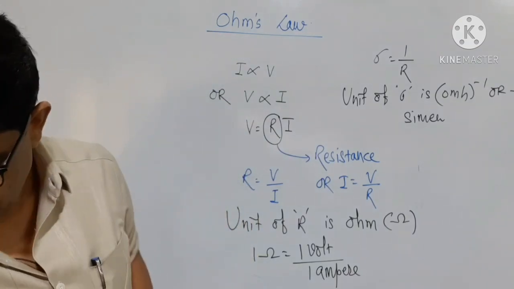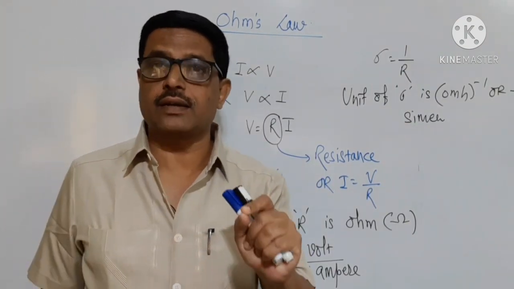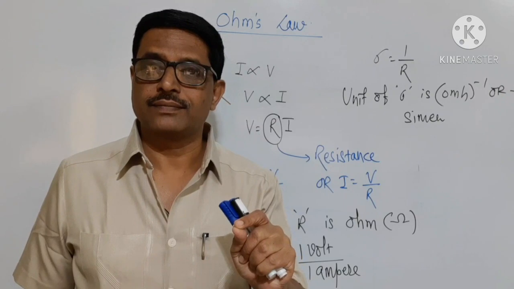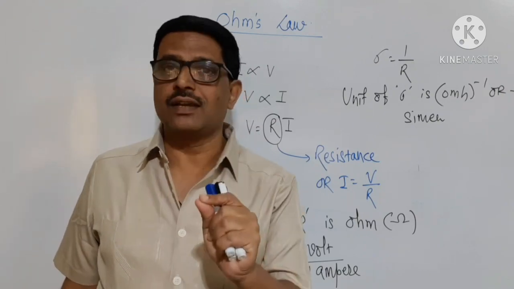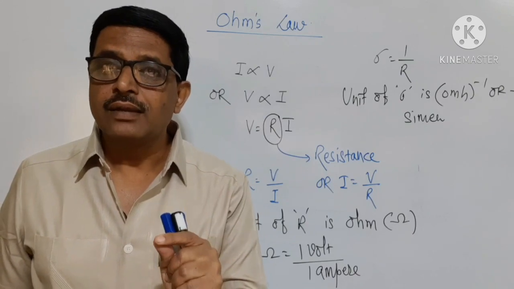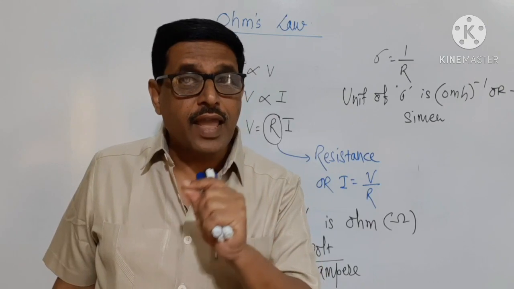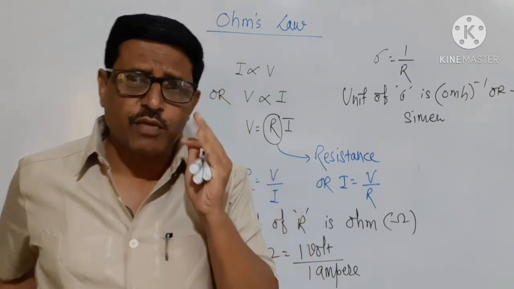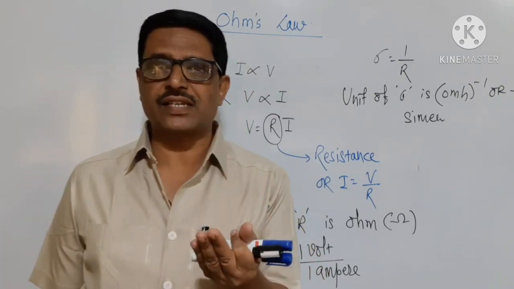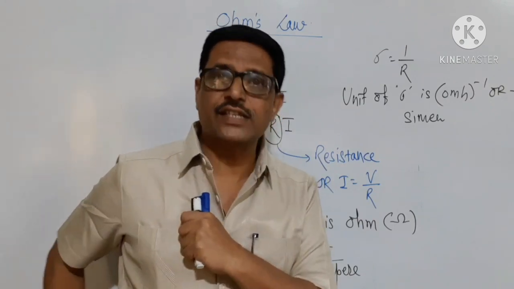Resistance is a very important property of a conductor, and with this Ohm's law, and what we mean by resistance, we are able to see some of the very basic numericals. We will take one or two as an example.